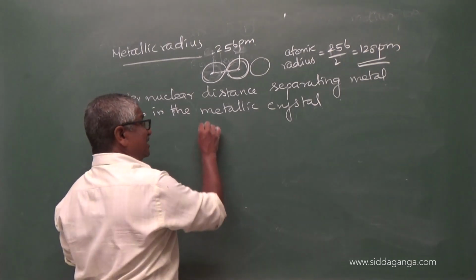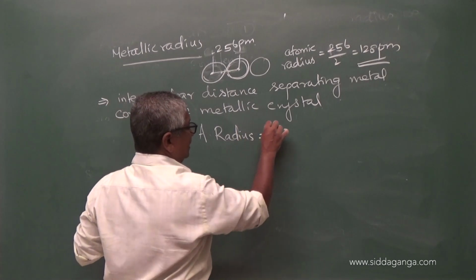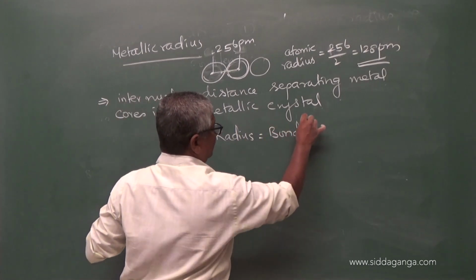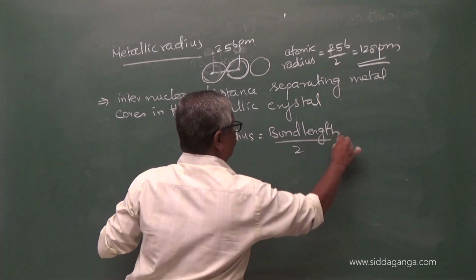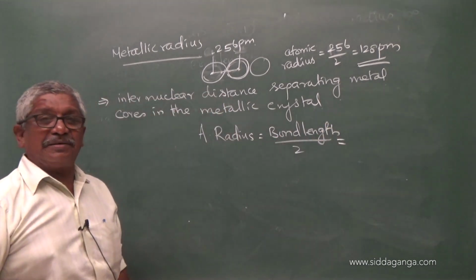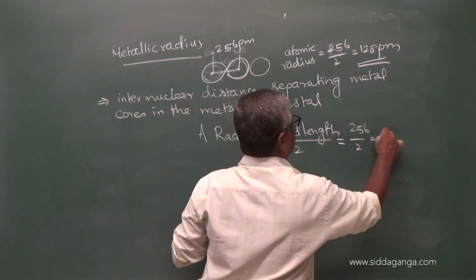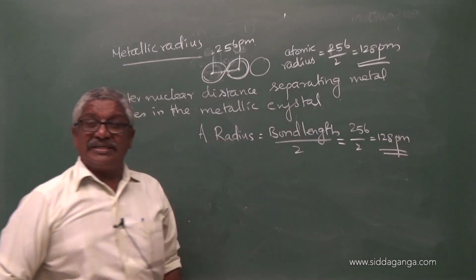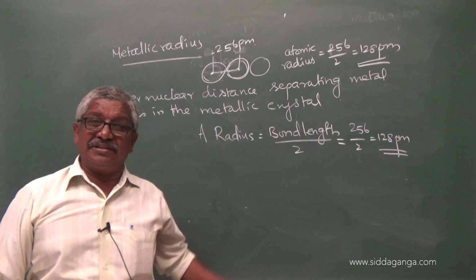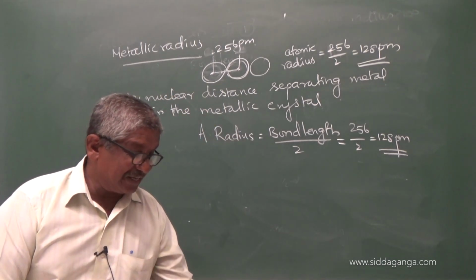So 256 by 2 is 128 picometer. That is the atomic radius of copper. This is called the metallic radius.